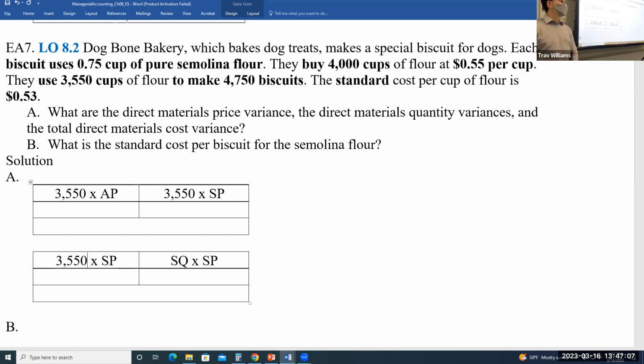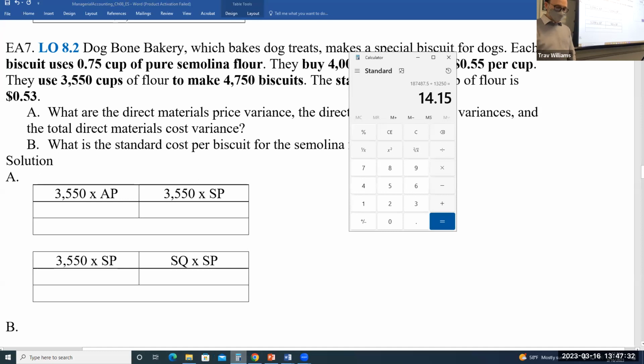For this level of production, what would be the standard quantity of flour we would use? The 4,750 is how many units we made, right? How much flour would we need to make that many units? 0.75 per unit. Okay, right.